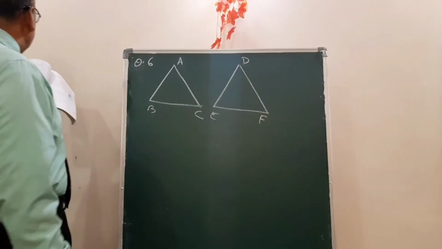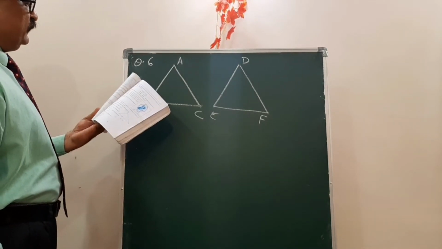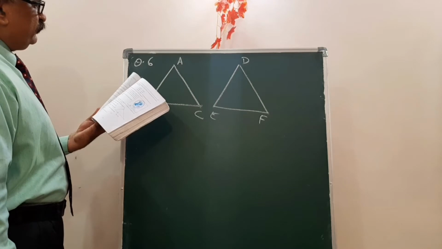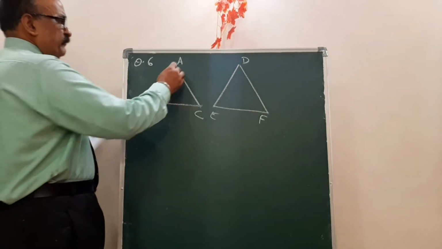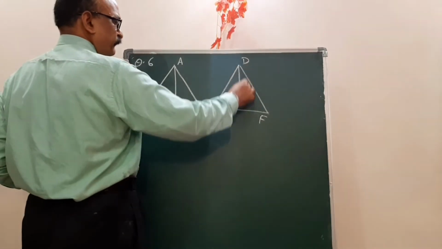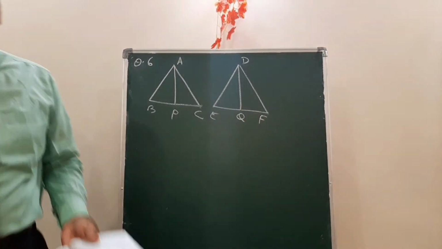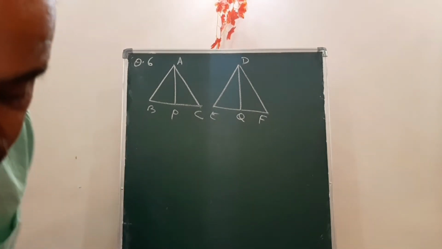DEF is another triangle. Prove that the ratio of the area of two similar triangles is equal to the square of the ratio of their corresponding medians. Median means this P and this is Q.